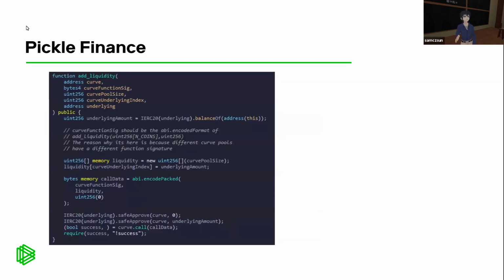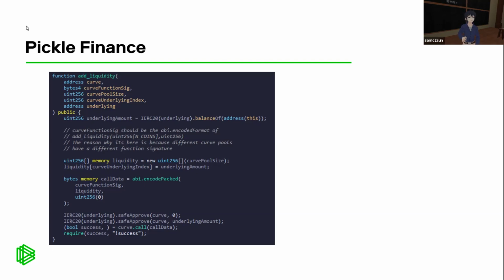Now, if we take a look at the function itself, we can see that this is a function meant to add liquidity to a Curve smart contract, Curve being another popular AMM. What's interesting about this function is that basically every parameter is user controlled. For example, the 5 parameters we see up top, curve function signature, pool size, underlying index, and underlying, these are all user controlled.